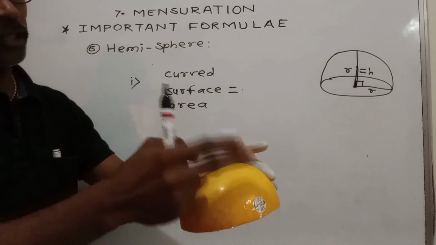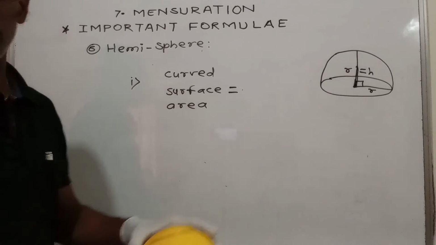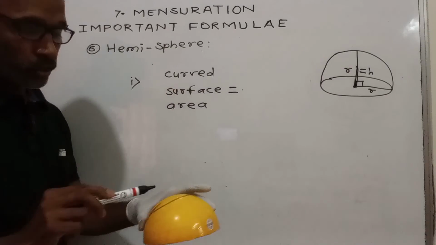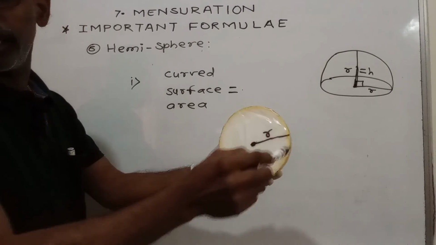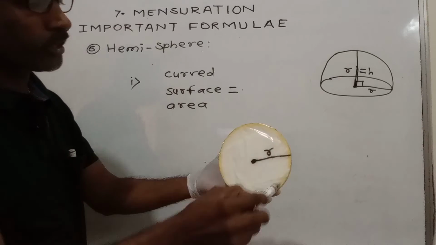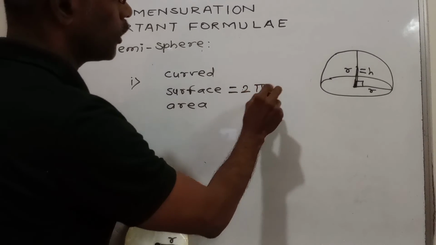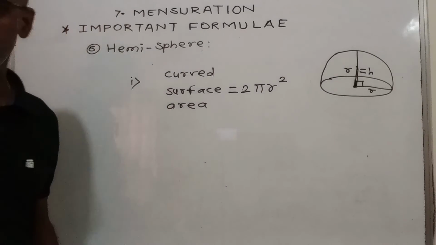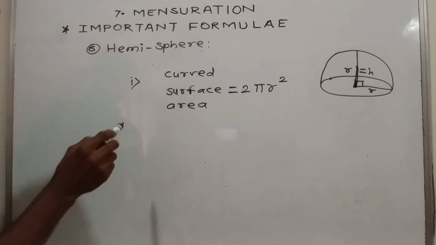No, this is the curved surface area. Now this curved surface area is 2 times the area of this circle. 2 times the area of circle means 2 pi r square. Did you get it?